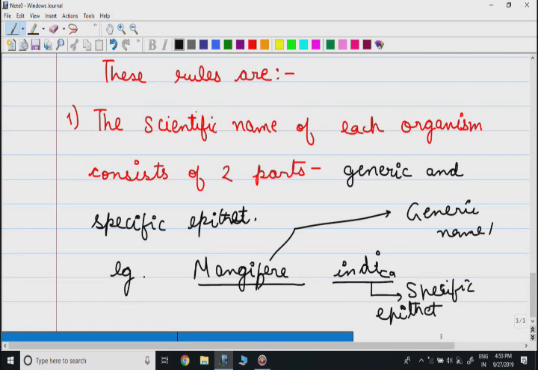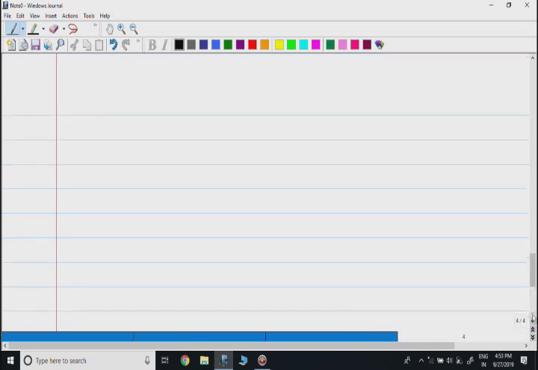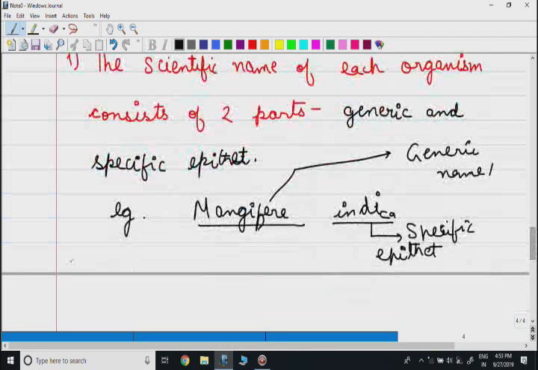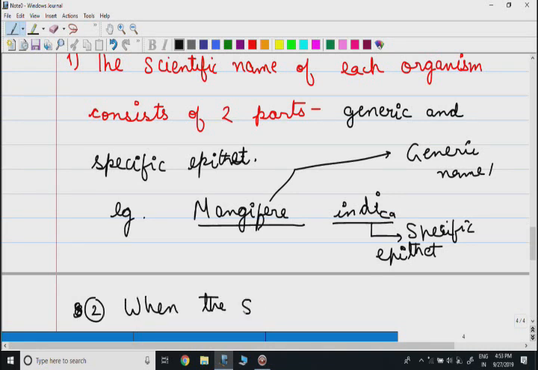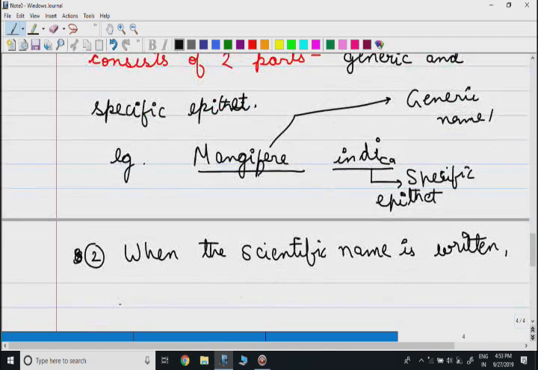Okay, so let's continue. Also, in the next rule, you will see how we write the scientific name. When the scientific name is written, it must be underlined.